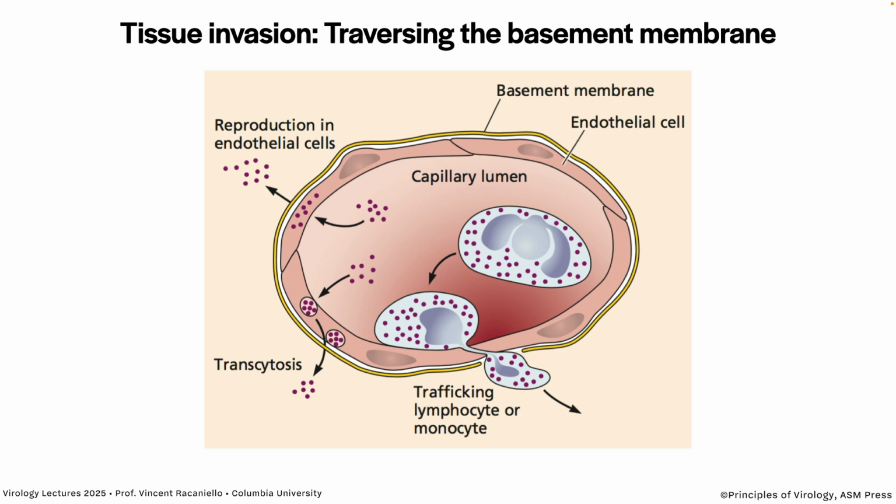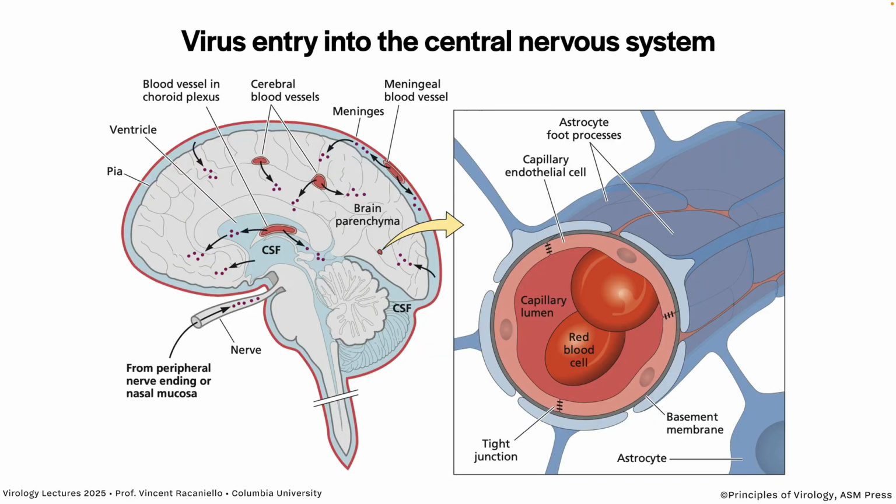Some viruses reproduce in the endothelial cells and cause inflammation and breakdown of the basement membrane and get through that way. And other viruses are brought through by what's called transcytosis. So they're brought up by endocytosis into the endothelial cell and then deposited on the other side. They're not infecting these cells, but this is a way to get across.